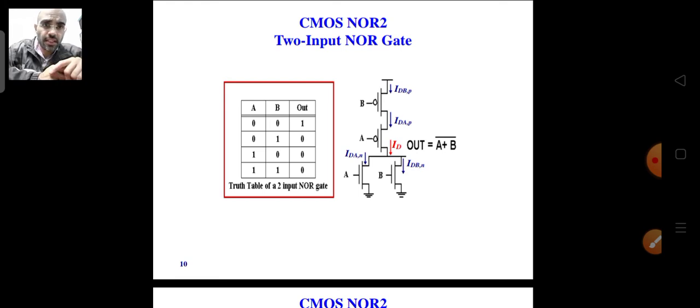In this case, if both the inputs are 0, then the output should be 1. So when this condition arises, the output should be connected to the VDD.